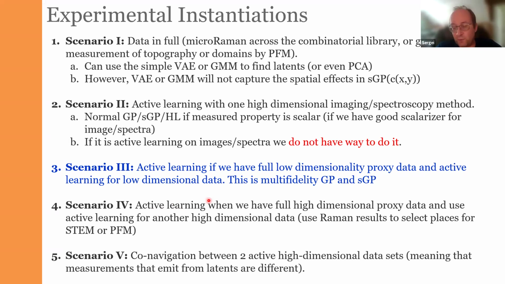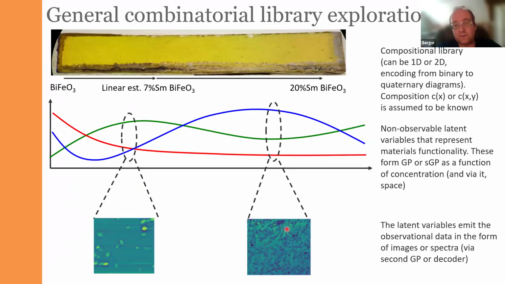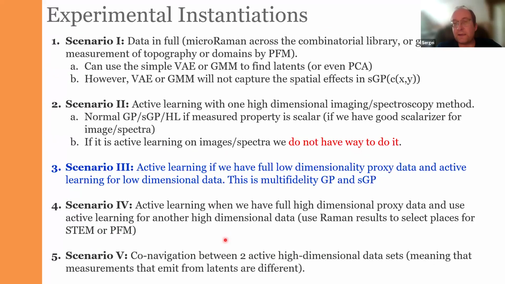For example, we want to use the results of topographic imaging or PFM response imaging to select locations for electron microscopy. From a mathematical point of view, this is a very complex problem. From the point of view of experiment, this is our everyday reality in a physics lab. And an even worse problem is what if we have two active learning methods? We can study the sample by different imaging techniques.